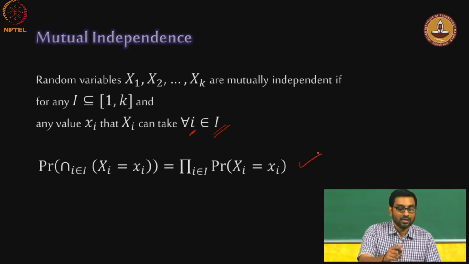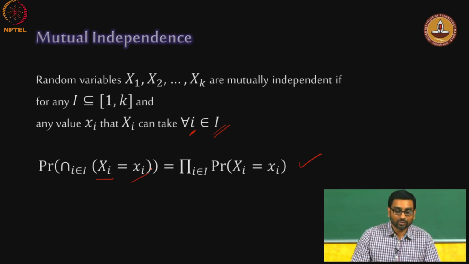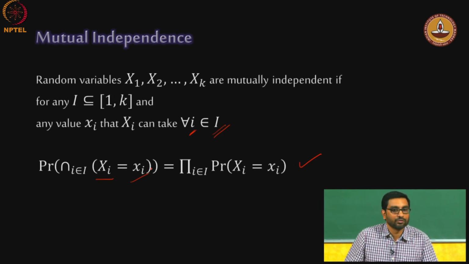And what is that? If you take the intersection of all those events, random variable Xi equal to the value xi, and take the probability of that, that should be equal to the product of the individual probabilities. This is again a direct extension of what we already saw.